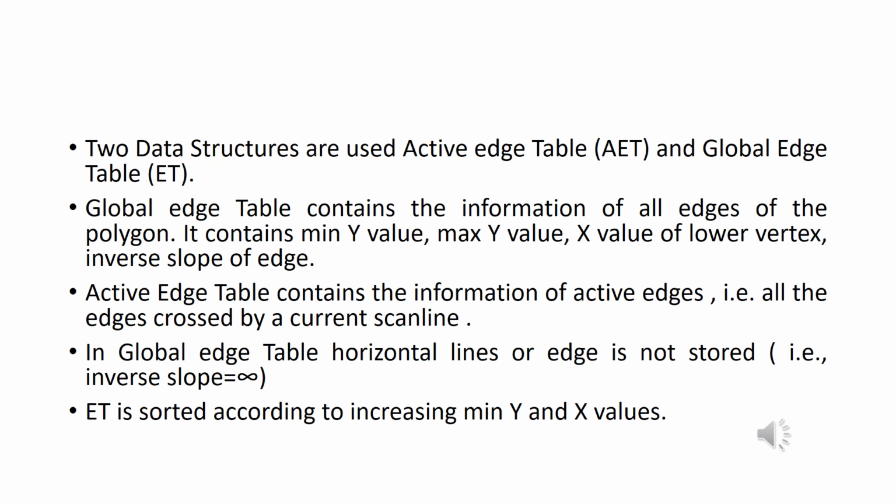That means if we process scan line 10, then we have to consider which edges are intersected by the current scan line, scan line equal to 10. Those edges are kept in the active edge table.